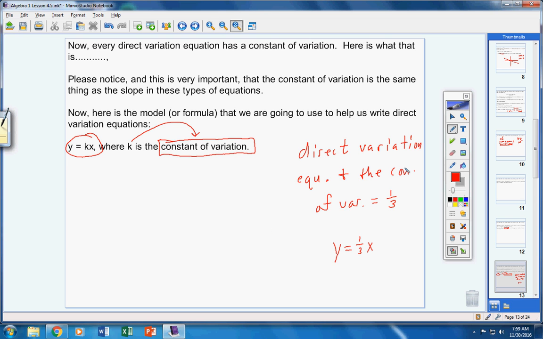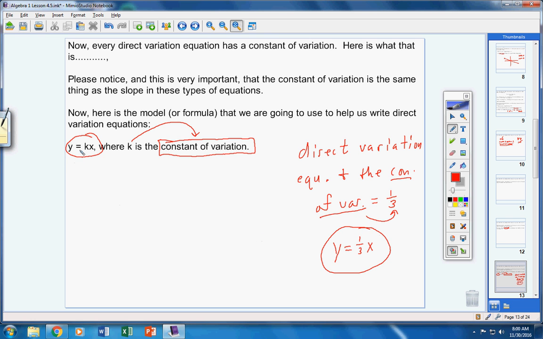Now, if you know the constant of variation, you can write the direct variation equation so quickly. And don't forget, k stands for the constant of variation. I think it's so important, I'm going to say it again. Anytime you know the constant of variation, you can quickly write the direct variation equation like I did here.